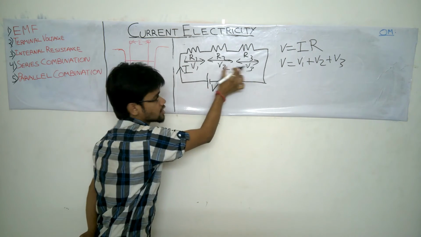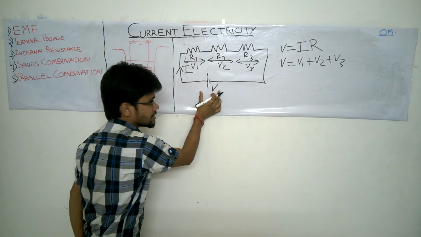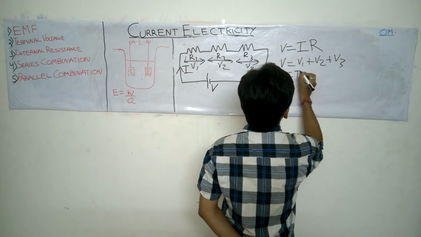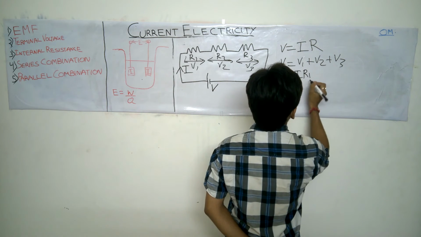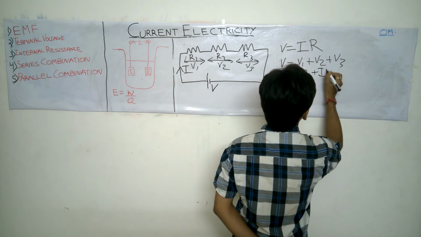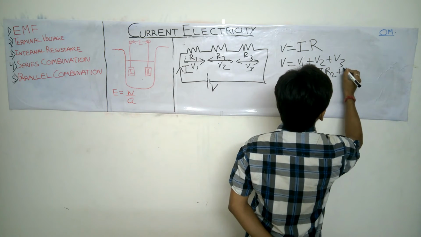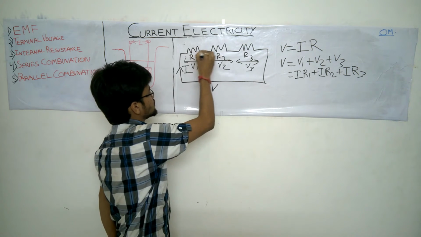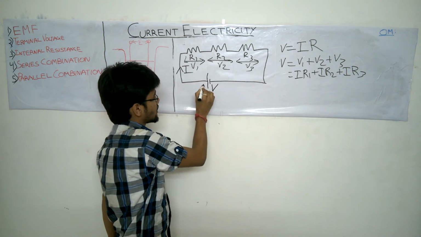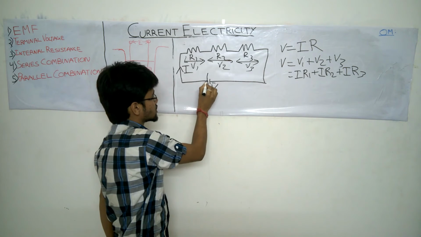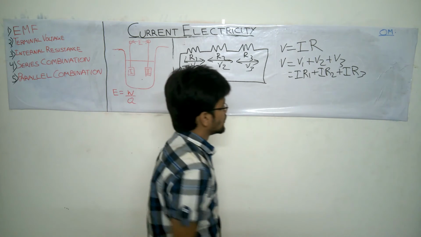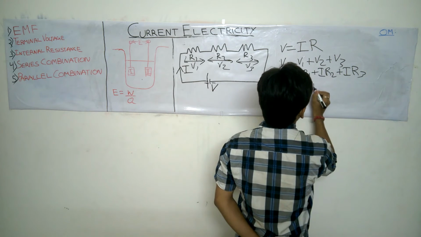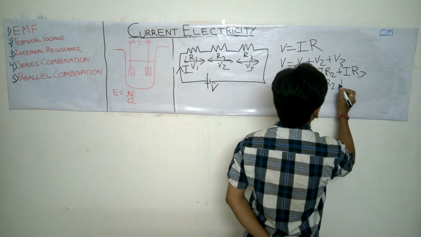This voltage plus this voltage plus this voltage constitutes the entire voltage V. So I write I into R1 plus I into R2 plus I into R3, since the current flowing through each resistor is the same I, originating from this point. This is the positive terminal, this is the negative terminal. Okay. I take I common here, and we get I into (R1 plus R2 plus R3).